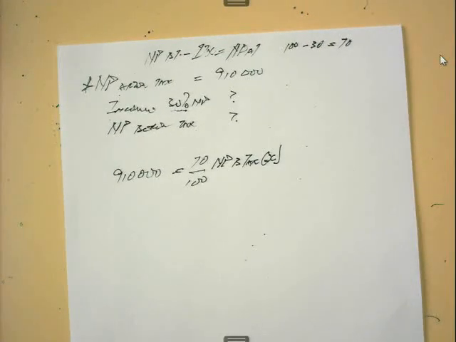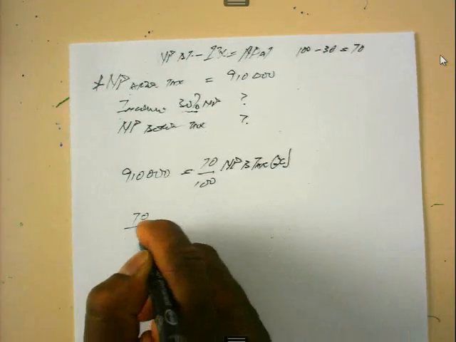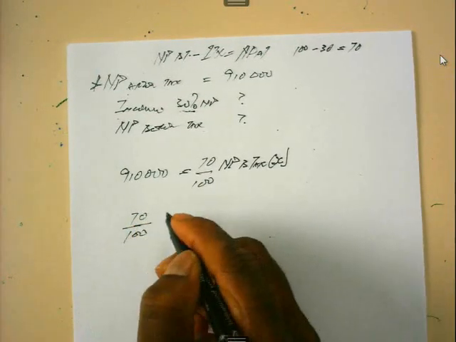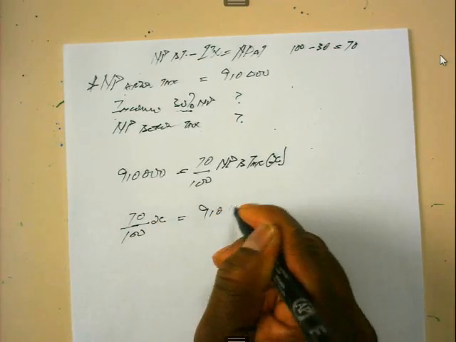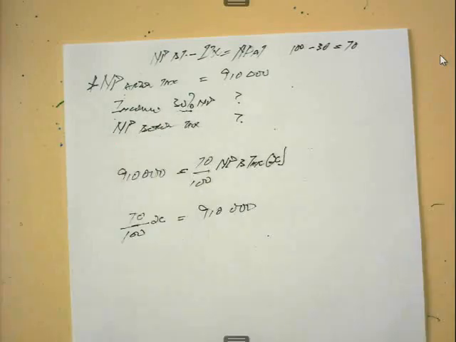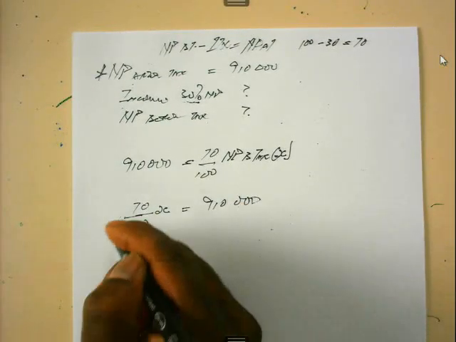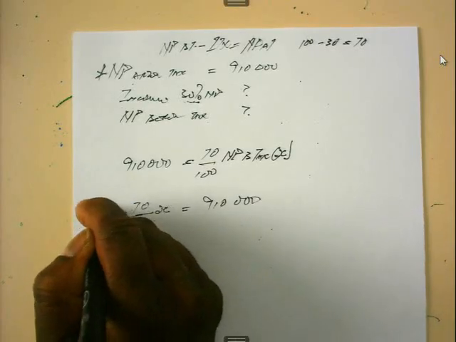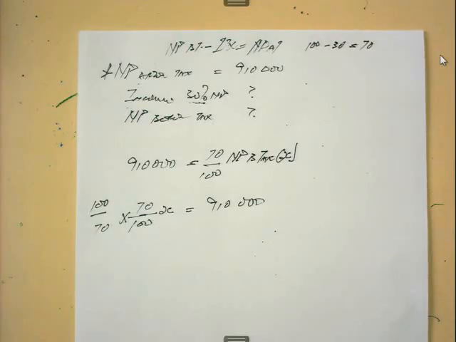Let us solve for X. Then you multiply by 100 and divide by 70.